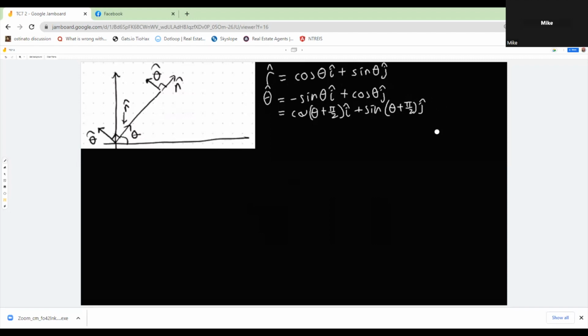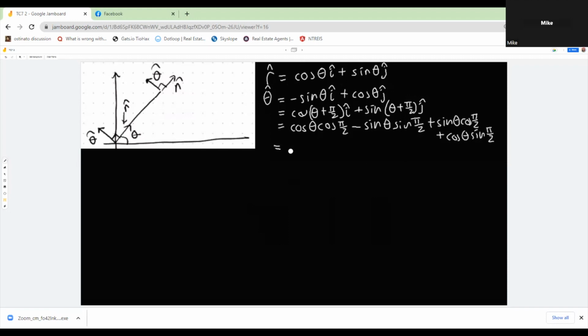Tapos mag sin cos cosine ka dyan at cos cosine sin. Okay, don't forget yung unit vectors.